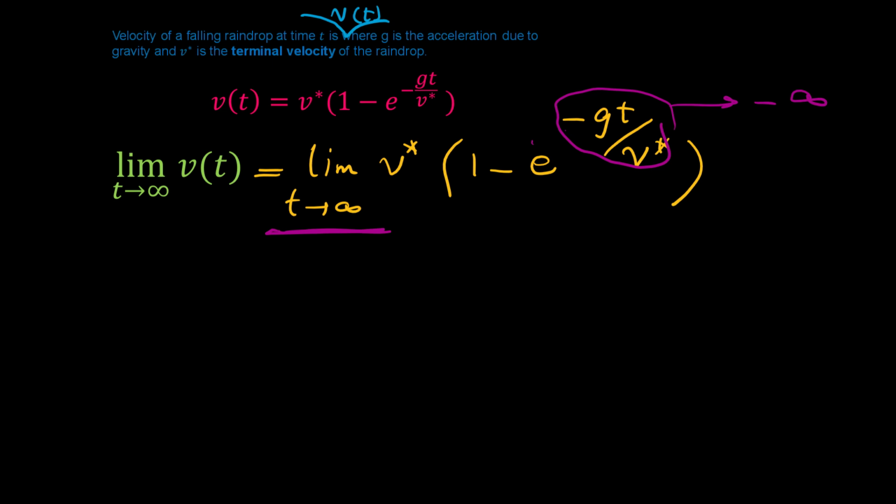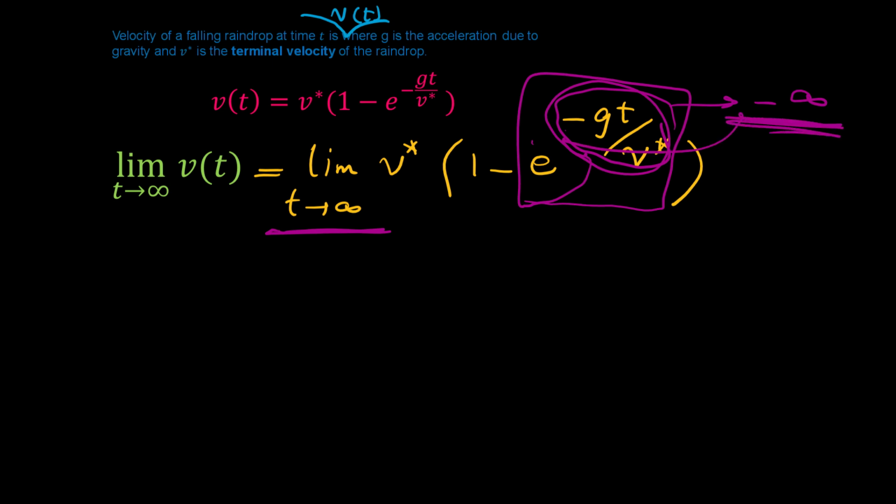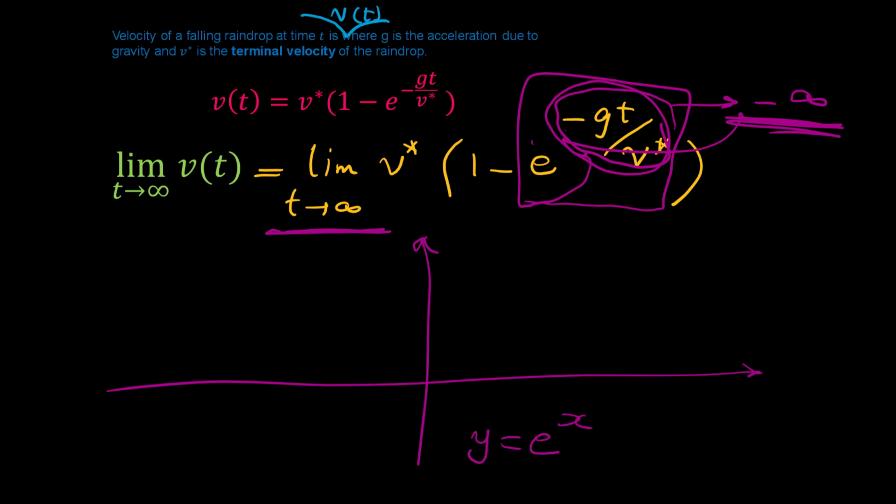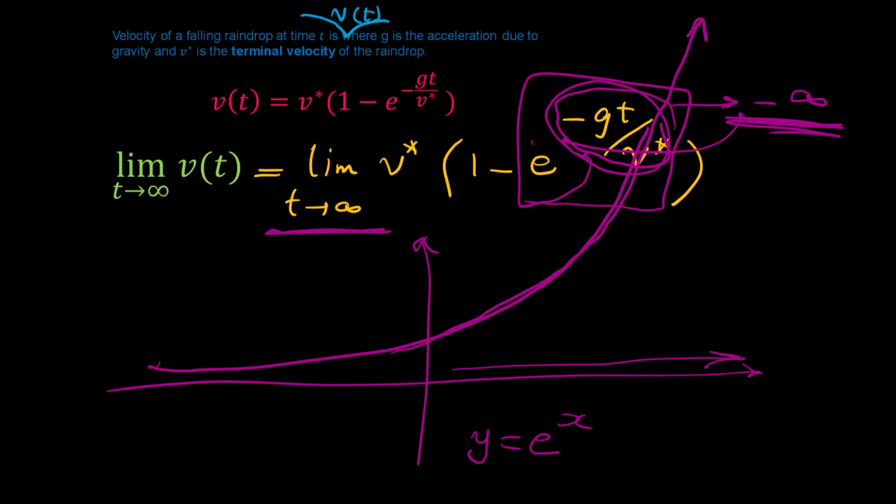Now we have to figure out what is the answer of e to a power when that power goes to negative infinity. Let me remind you of the graph of the exponential function e to the x. If you remember, the graph of e to the x is something like this. And as you can see in this graph, when we go far to the right, this graph is going up forever, exponentially. But if we go far to the left, this graph gradually approaches the x-axis.